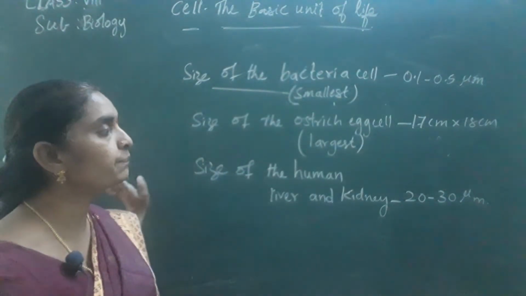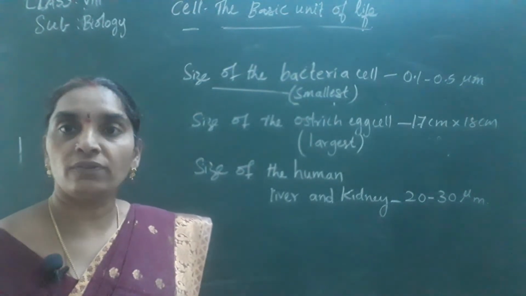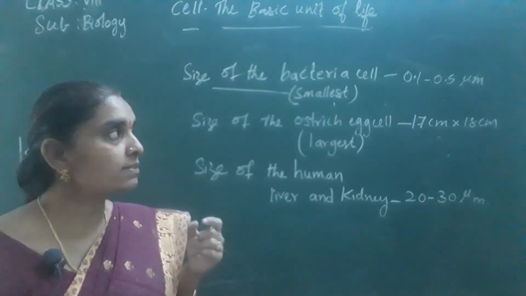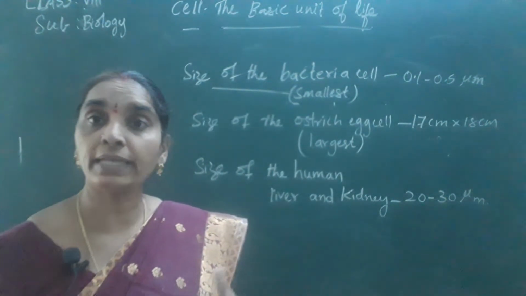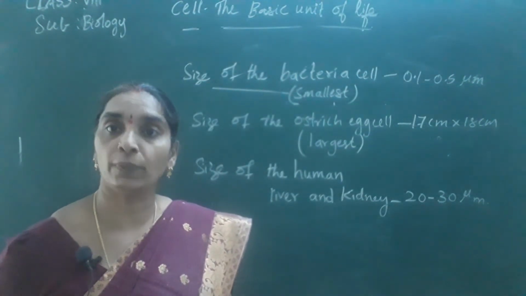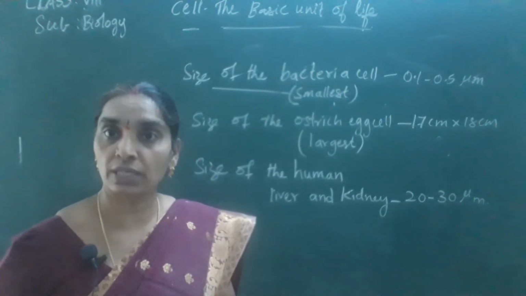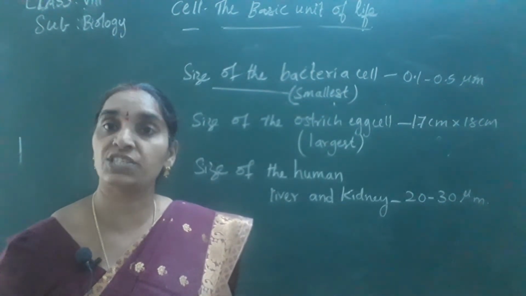20 to 30 micrometers. So the size of the cell is related to its function. It depends upon the substances present in the cell, the location where it is present, and its function.